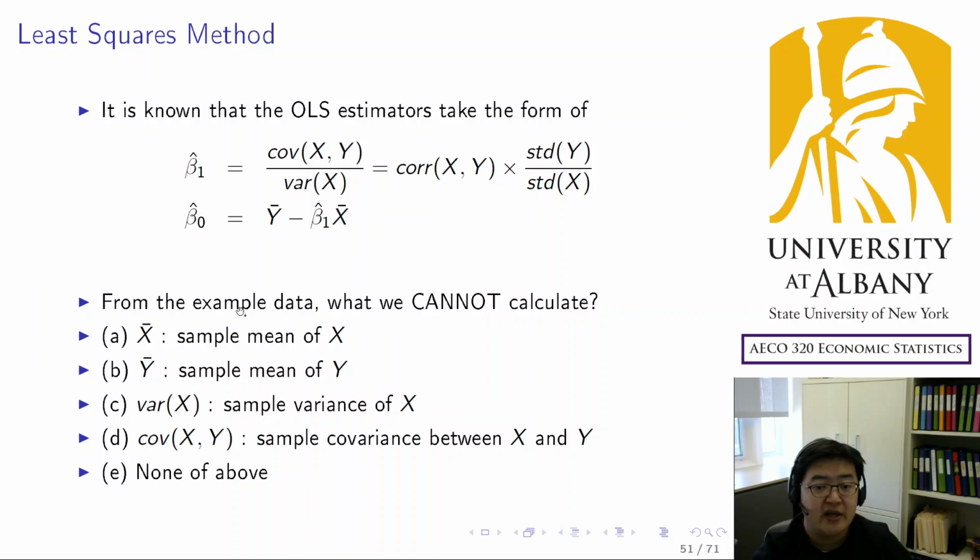Then what is unknown? What's the problem in calculating this? From the data example, in our example, cost and output, what you cannot calculate? Obviously nothing. You know how to calculate the sample mean. You know how to calculate the sample variance. You know how to calculate the sample covariance.